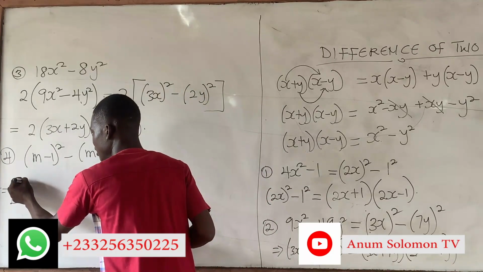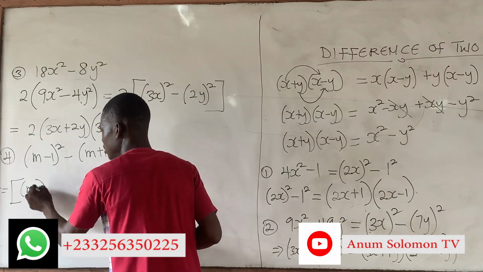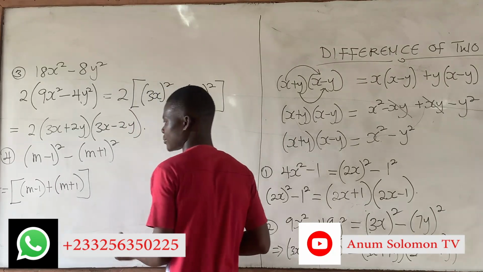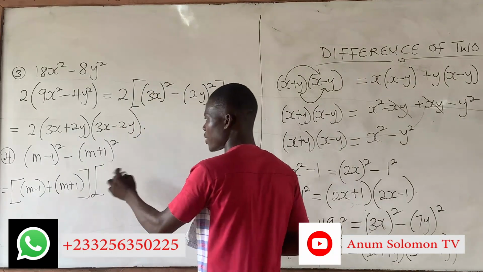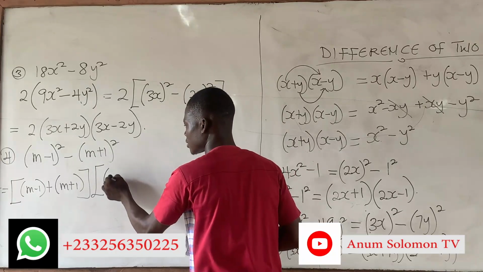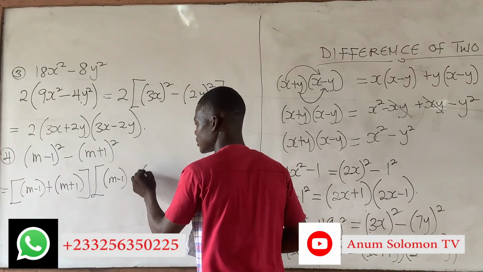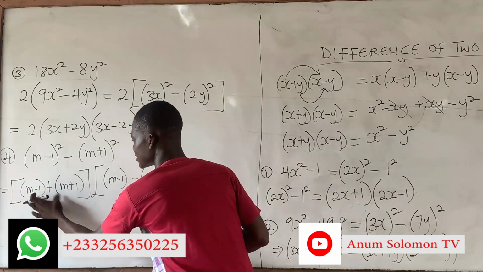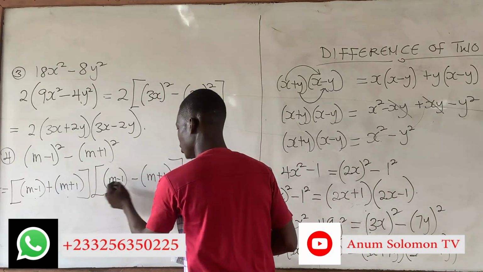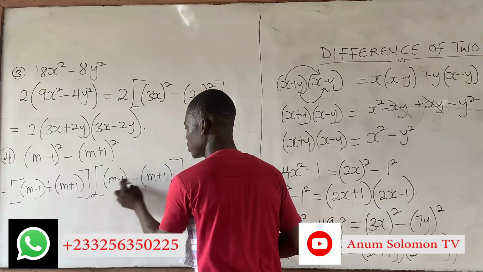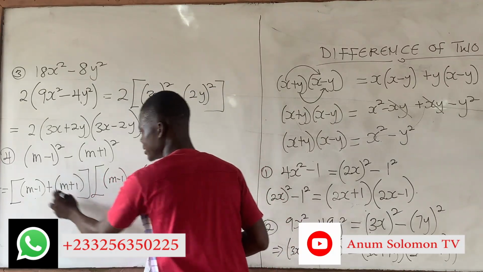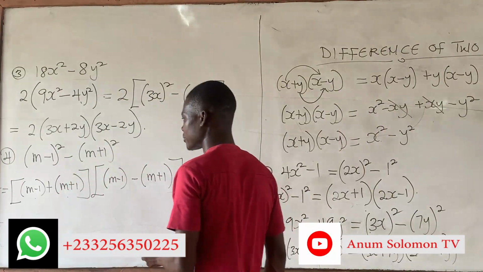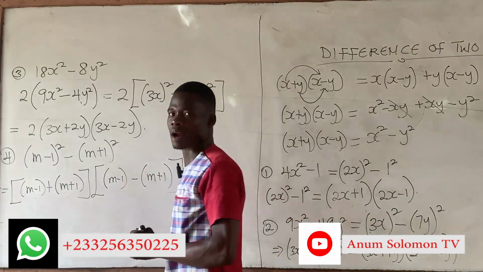So the sum of the bases becomes (m minus 1 plus m plus 1) in one bracket, times the difference of the bases, that's (m minus 1 minus m plus 1). This is the sum of the two bases, and this is the difference of the two bases. On this note, let's simplify the terms in each bracket.